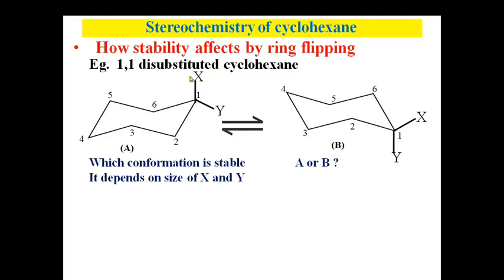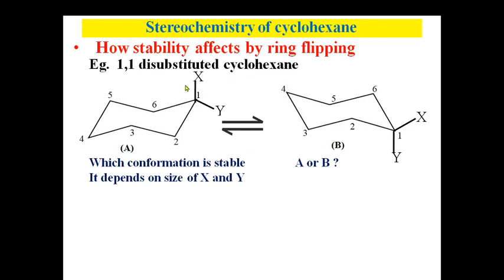Now, when bulkier groups are present at axial position, I'll repeat: when bulkier groups are present at axial position, it will create more steric interactions as well as butane-gauche interactions when alkyl substituents are present. This increases the internal energy of the molecule and therefore the molecule becomes unstable.